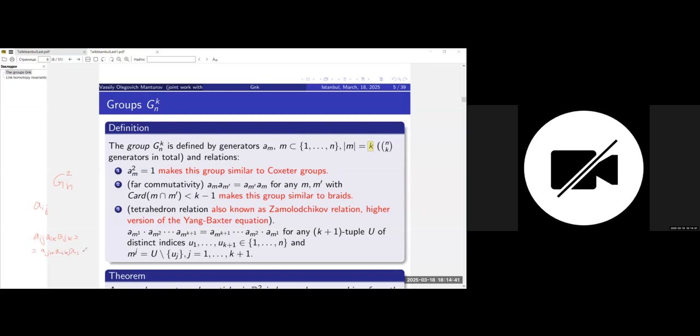And actually, people working with Yang-Baxter can easily recognize that this is a group-like version of the Yang-Baxter relation. And the second relation actually means that if we have four distinct indices, a_{ij} a_{kl} is the same as a_{kl} a_{ij}.